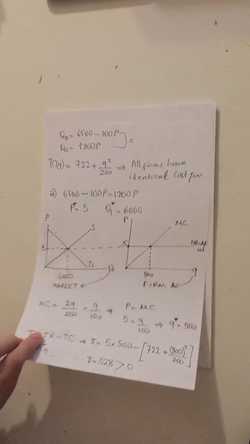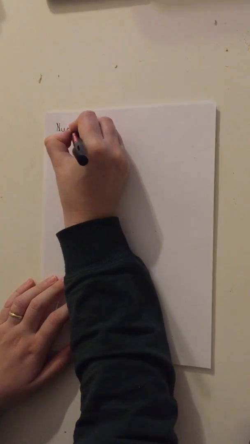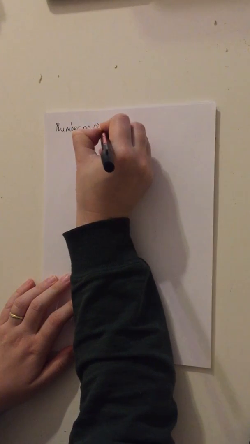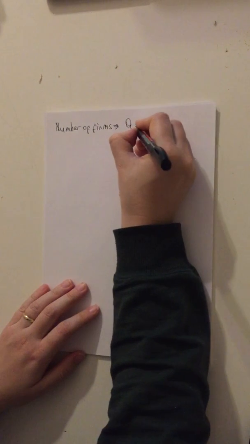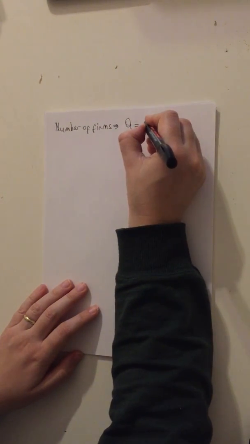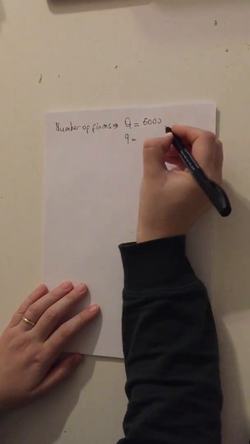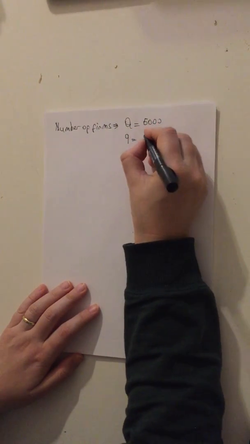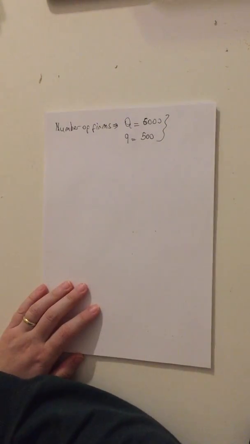By the way, we can find the number of firms in the market. Because we know that in the market all firms are producing together 6,000 of that good. We found it at the beginning, and each firm is producing 500. So how many firms are there in the market?